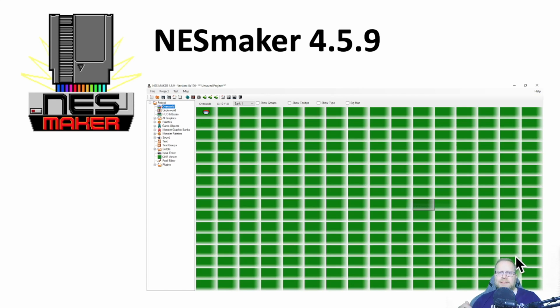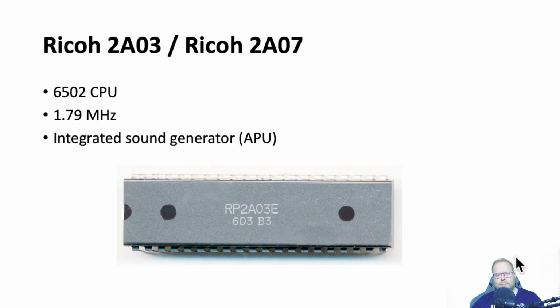But we still need to know how assembly language works. We really need to know how that stuff really works. So we need to talk a little bit about hardware. Now, the NES has this CPU, the Ricoh CPU, which is a derivative from the 6502 CPU from MOS Technology.